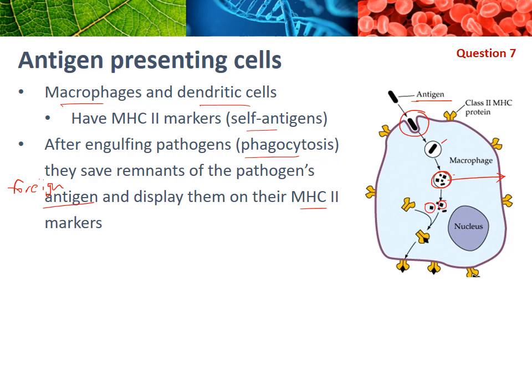Okay, so most of it gets released, but some of it they hold on to and they actually put it onto their MHC markers and basically wear them on their own surface. Okay, so they display the antigen on their MHC2 markers, which is the yellow thing.